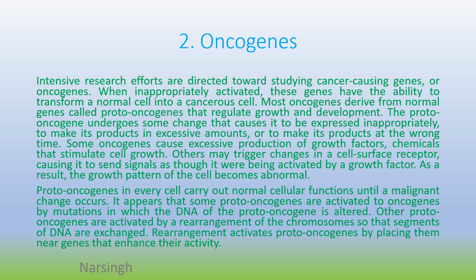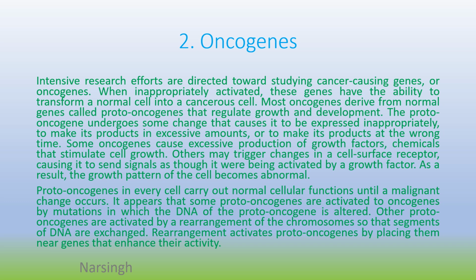Some oncogenes cause excessive production of growth factors, chemicals that stimulate cell growth. Others may trigger changes in a cell surface receptor, causing it to send signals as though it were being activated by a growth factor. As a result, the growth pattern of the cell becomes abnormal. Proto-oncogenes in every cell carry out normal cellular functions until a malignant change occurs.